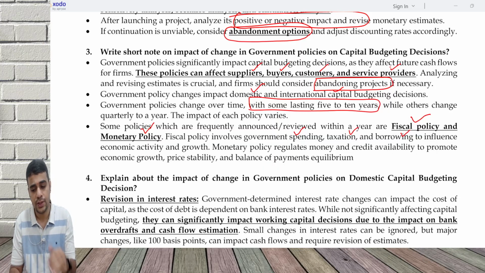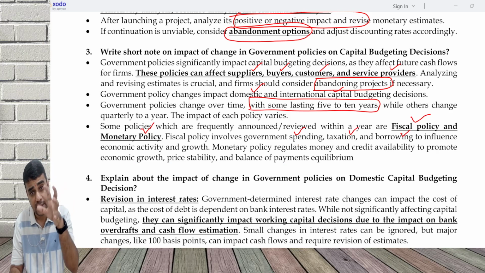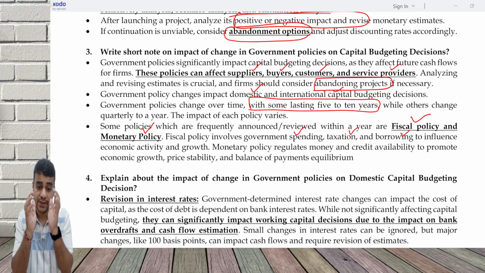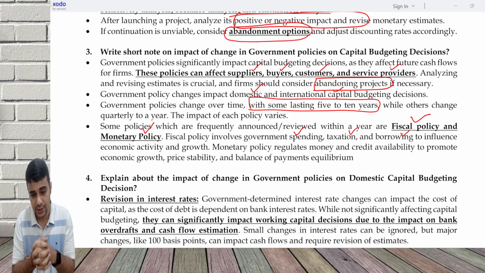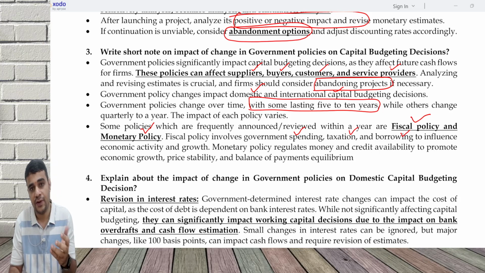Fiscal policy is focusing on the taxation side. Both will have an impact on my cash flows and discount rate. If interest rates go up, the discount rate will change, and if there are changes in tax rates, that is going to impact my cash flows.